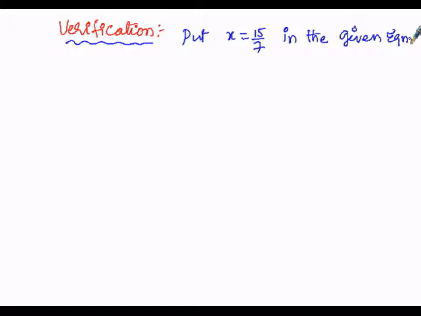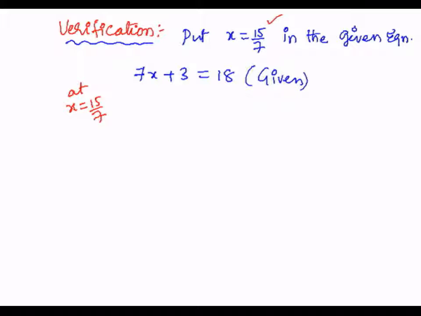So here the given equation is 7x plus 3 is equal to 18. This is the given equation, at x is equal to 15 by 7.